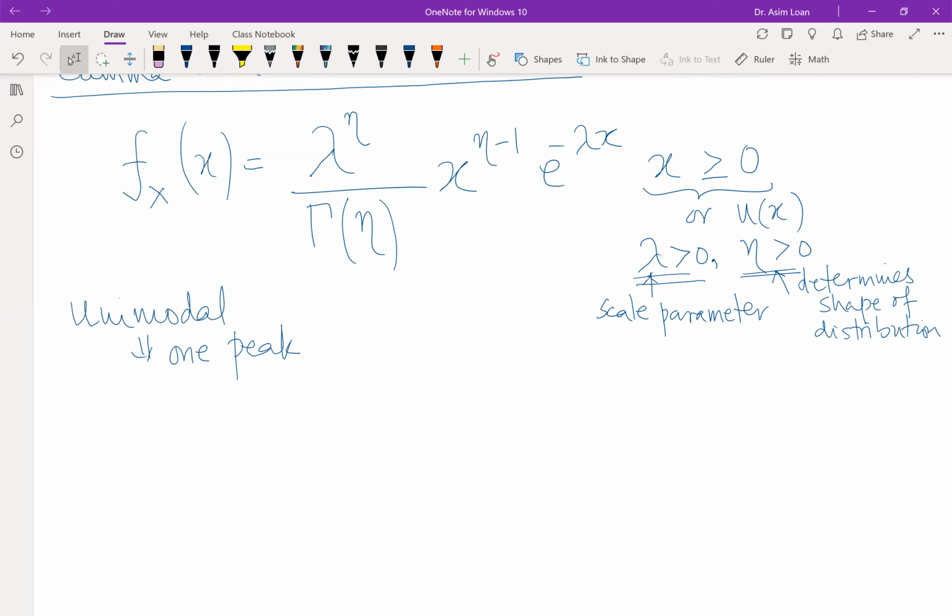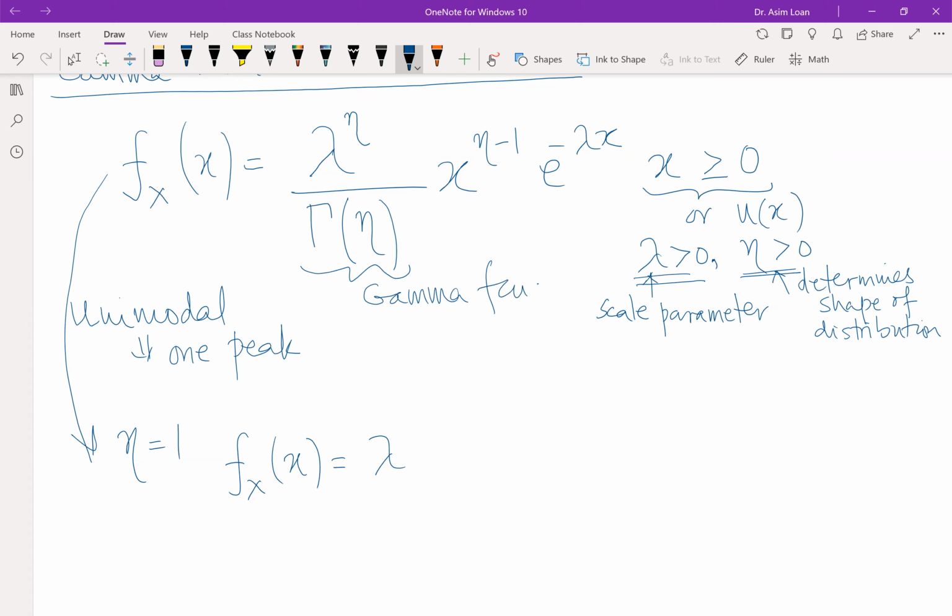One special case is when eta is 1. Then f_X(x) is simply lambda. What is this gamma function?